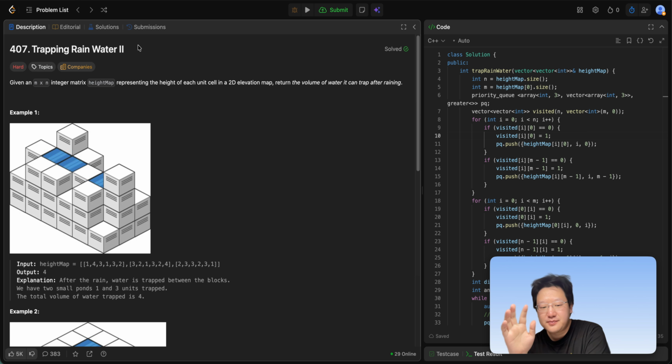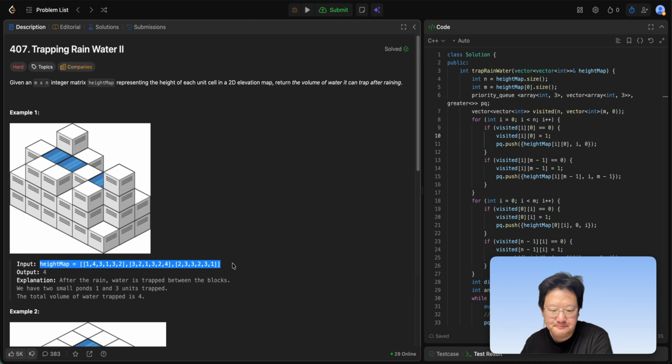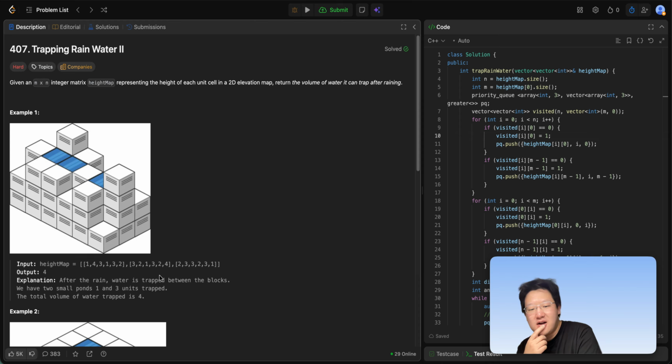Okay, so we are given a 2D grid like this heightmap. Each cell has a number for how tall the bar is at that spot. The question: after it rains, how much water can this whole thing trap?